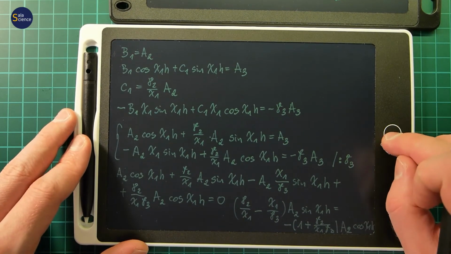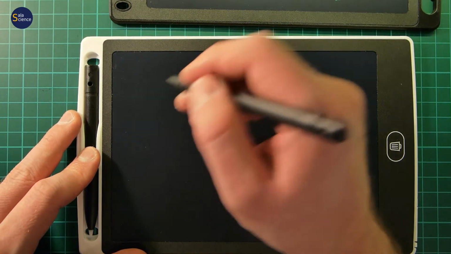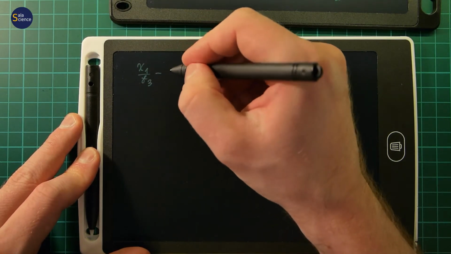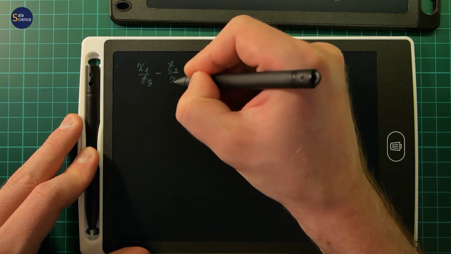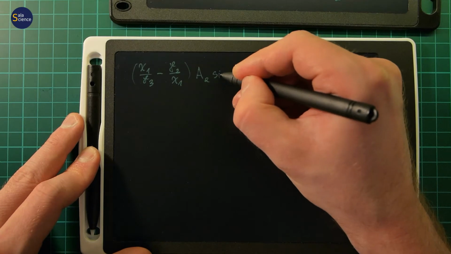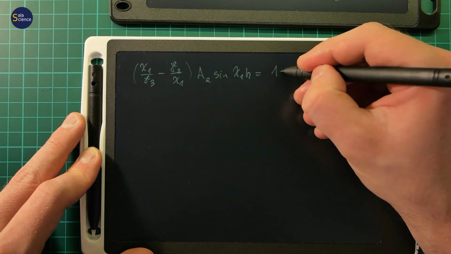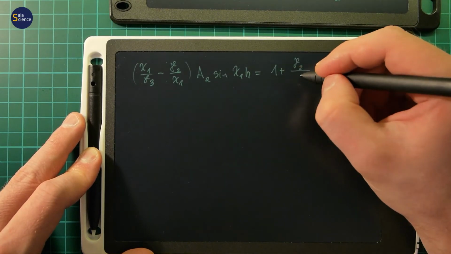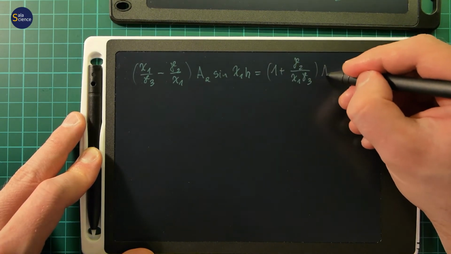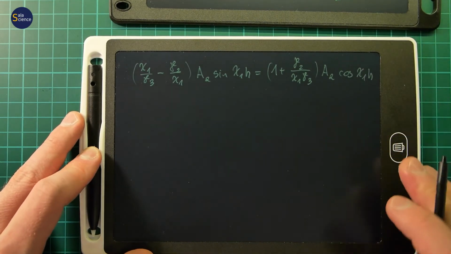Now let's rewrite this, and I will multiply by minus 1 both sides. So we have chi1 over gamma 3 minus gamma 2 over chi1 times a2 sine chi1 h, and on the right hand side we have 1 plus gamma 2 over chi1 gamma 3 times a2 cosine chi1 h.